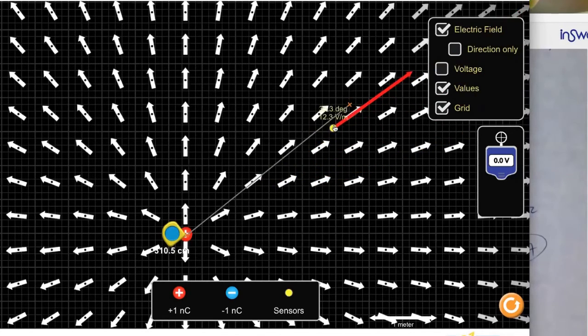What was it, 37 over there? Yes, it was 37. So now divide 37 by 4. 37 divided by 4 gives us 9.25. Oh, I see that. 9.29. Yeah, approximately. There you go. So that means a point charge has a 1 over distance squared, right? Yeah. And the rod begins looking like a point charge when you're far away.